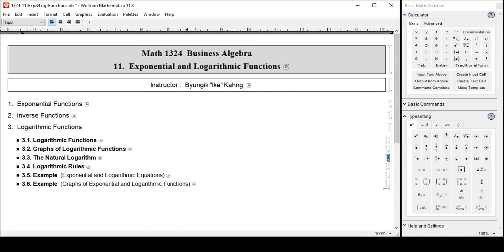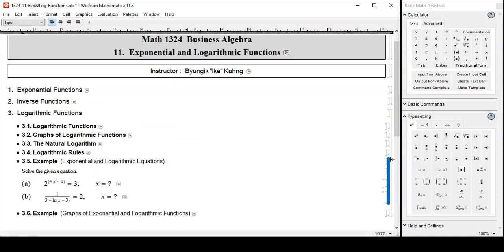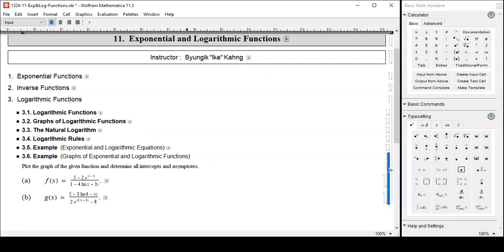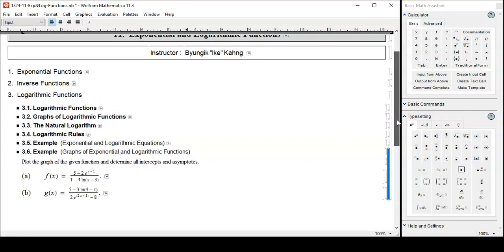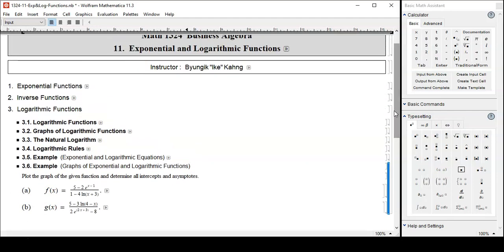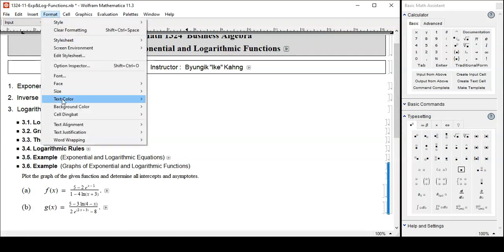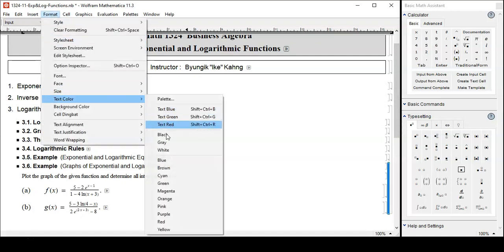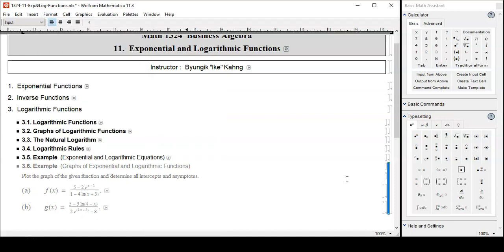Let's see, do we have some examples, some functions? Oh, that's a bit harder. Plot a graph and determine all intercepts. Oh, these are too hard. I mean, these are appropriate for STEM algebra, but for business algebra, I think this is overkill.